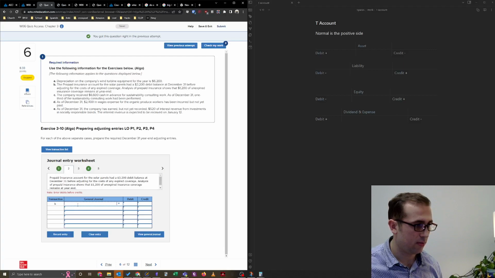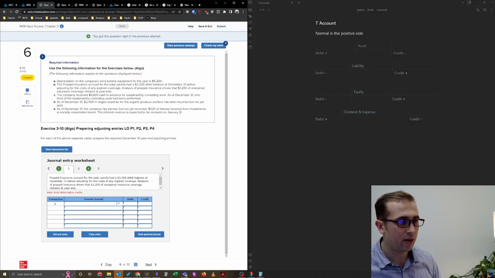Now we're going to jump into the prepaid insurance account. For the solar panels, it had a $3,200 debit balance at December 31st before adjusting the cost of any expired coverage. Analysis of prepaid insurance shows that $1,200 of unexpired insurance coverage remains at year end.